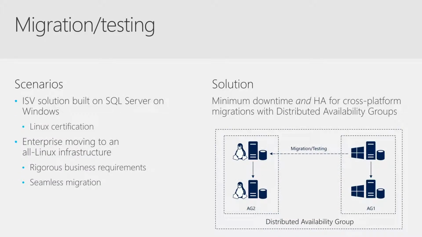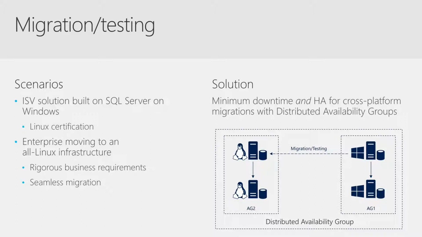Lastly, let's consider the example of an ISV with a solution on Windows, and now with SQL Server available on Linux, you want to certify the solution on Linux as well. Or the example of an enterprise moving SQL Server workloads to a Linux infrastructure. But due to business requirements related to availability SLAs, the migration must be live with minimum downtime.